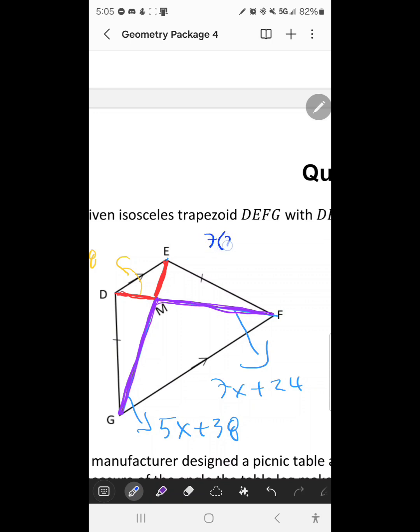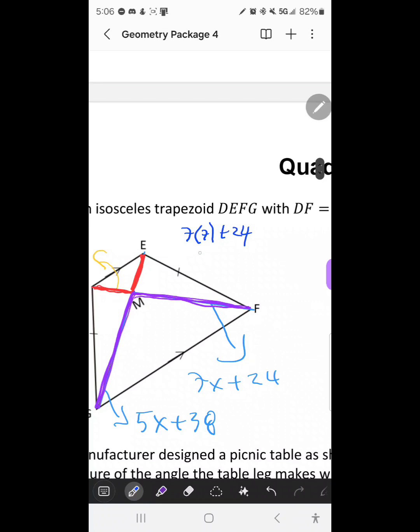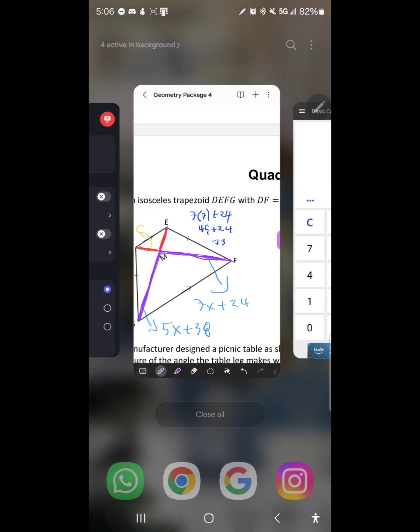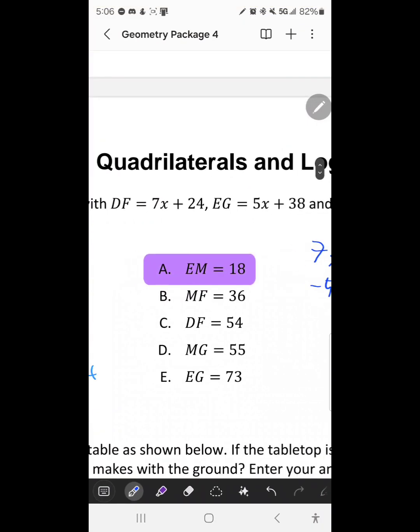So 7 times 7 plus 24, because x equals 7. And so it will be 49 plus 24. And this will be 73, if I'm not mistaken. 49 plus 24, 73. So yeah, this is not true.